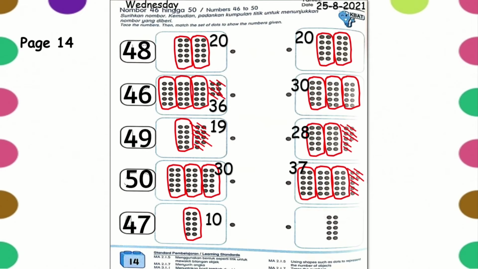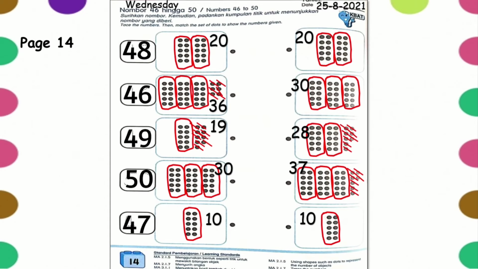Very good. And the last one. Again, we have only one set of dots and it is 10. Okay, so make sure you have written like this in your book.